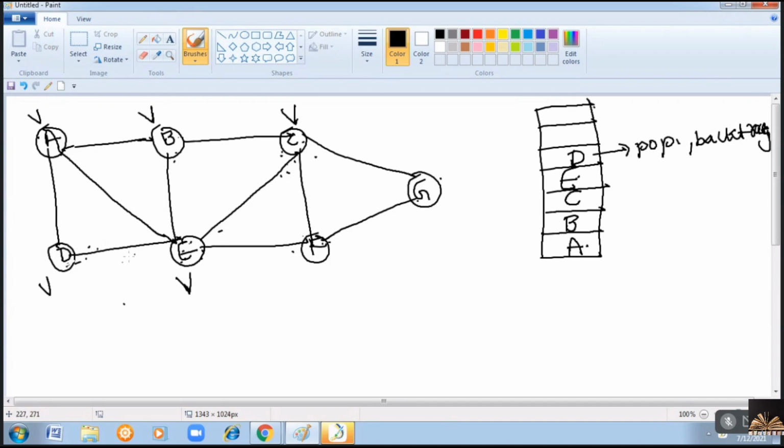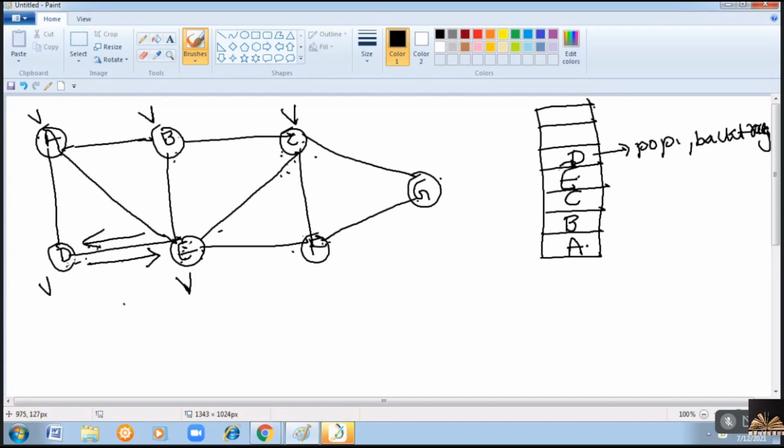That means, how have we reached D? You have reached D from E. By considering the adjacent vertex of E, you have reached D, right? Now you have popped D, and what you need to do is perform backtracking. So you will reach E, which is the top of the stack.